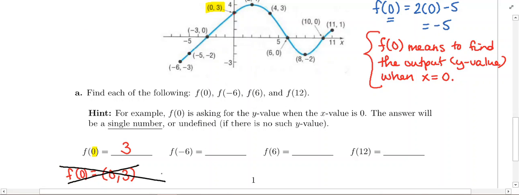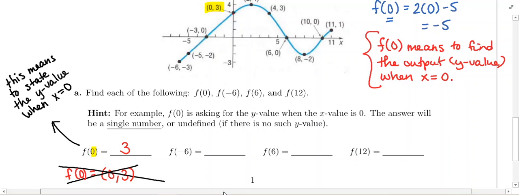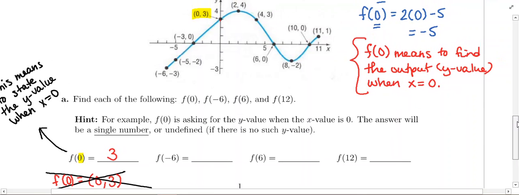This means to state the y value when x equals 0. Only the y value should be given, not the ordered pair. So that's how all of these are going to work in part A.